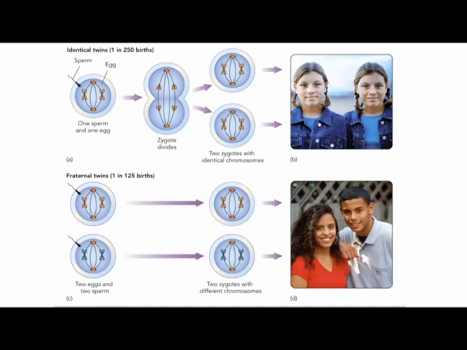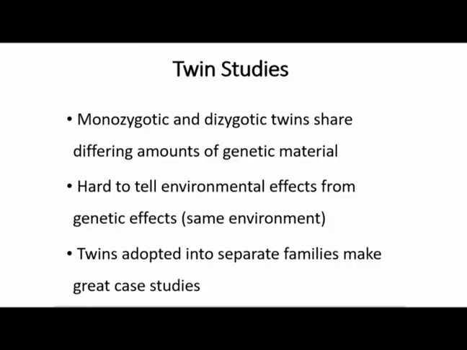So now that we have our basis on different types of twins and how similar and different they are genetically, now we can start talking about twin studies. So we can use that knowledge that monozygotic and dizygotic, or identical and fraternal twins, share differing amounts of genetic material to start looking at differences between those two types of twins.